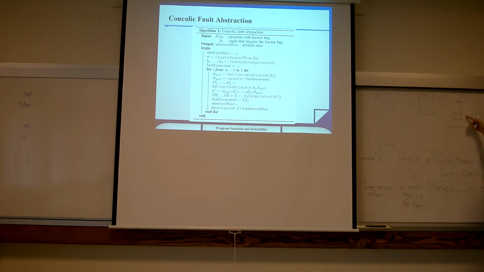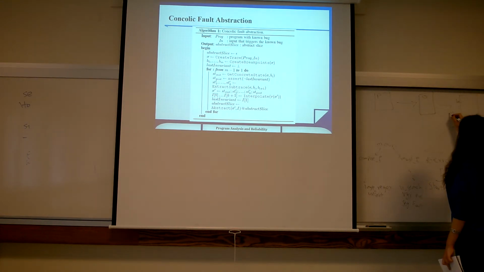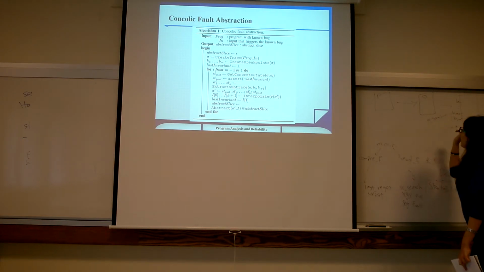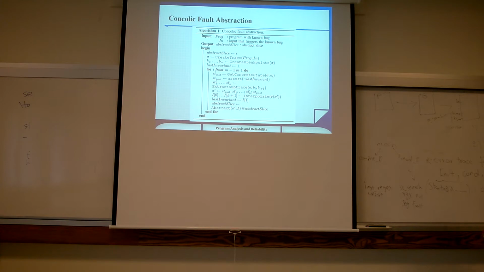So what is bm minus 1? It is actually the call site that caused the assertion, right? As you remember here, it was research. So we have a call to research here. We are going to see what has happened in this subtrace.